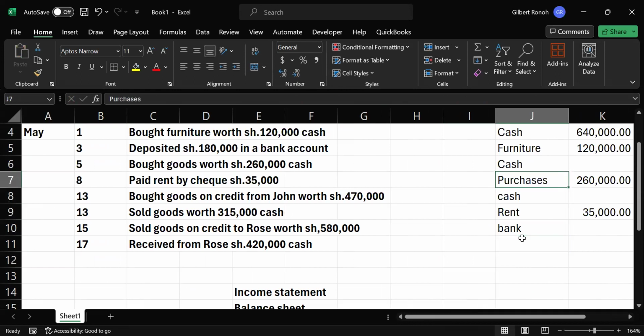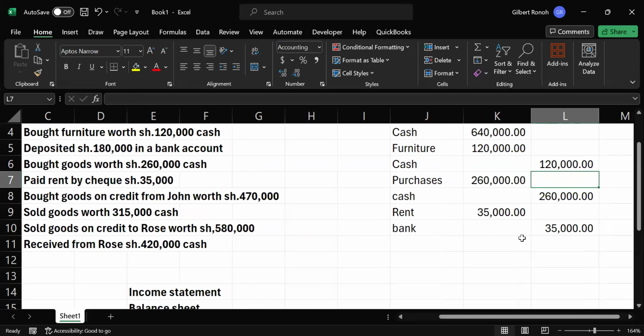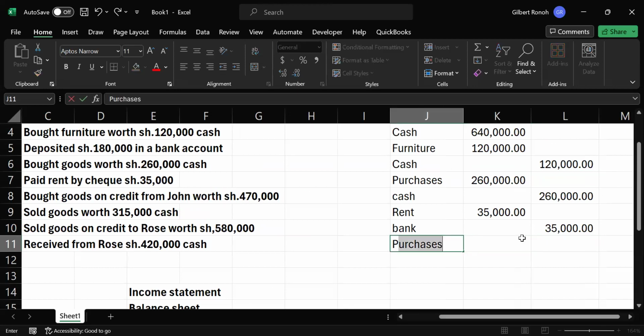And then on the 13th of May, they bought goods on credit from John worth 470,000. So John is a creditor, or you can call payable. You can call creditor in bracket John, because he's the one selling goods to Spice Limited on credit.